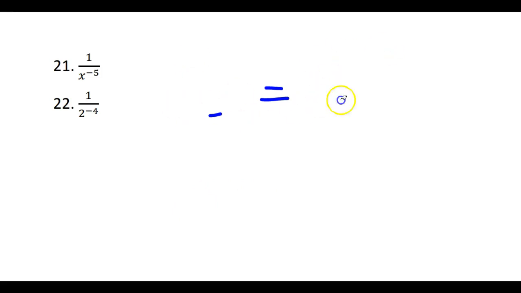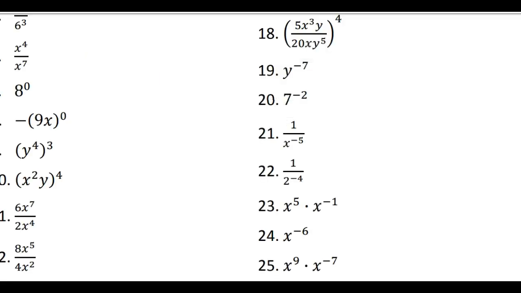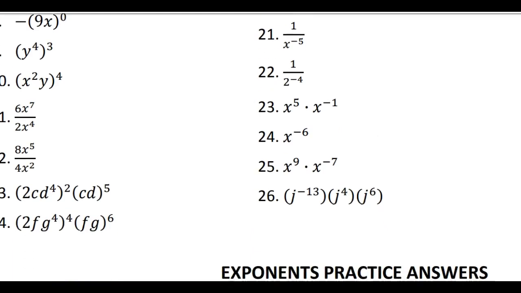What would be the answer for number 22? 16. Yes, that's correct. Because we get 2 to the 4th over 1, right? And then that's 2 times 2 times 2 times 2. And so we get 16. Very good.